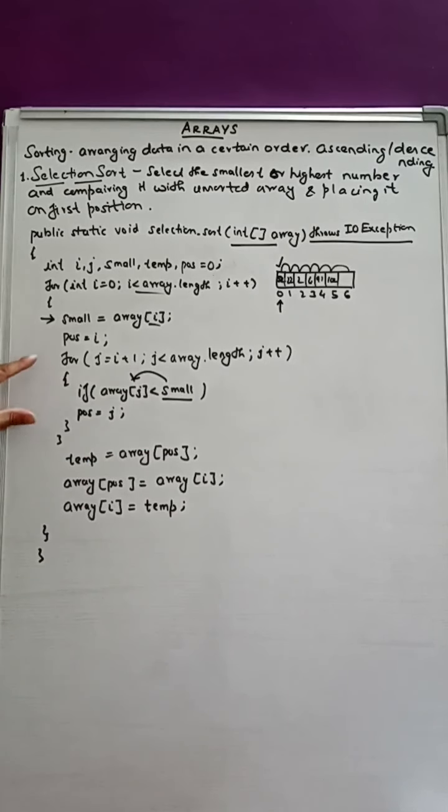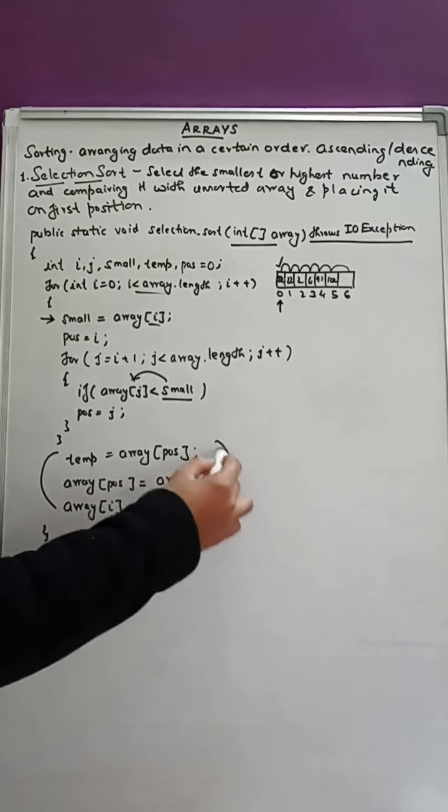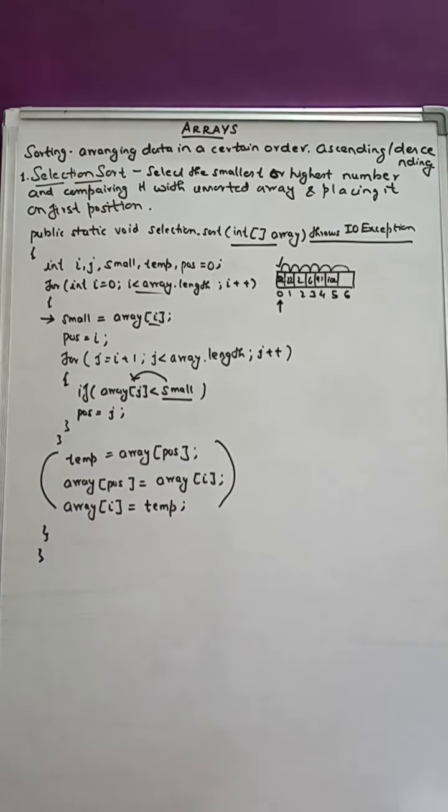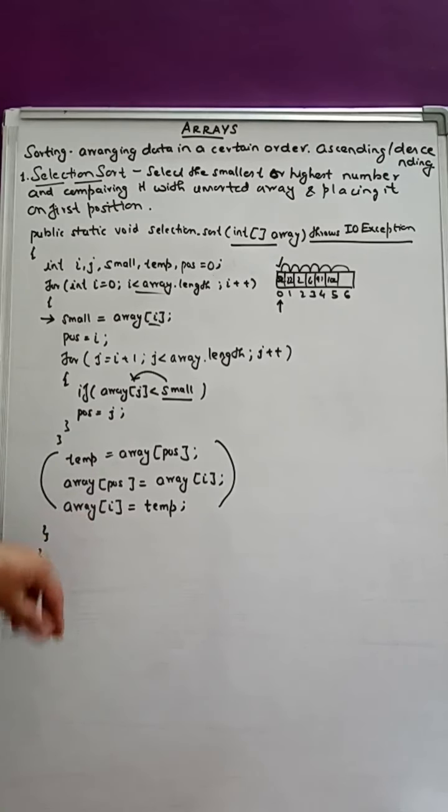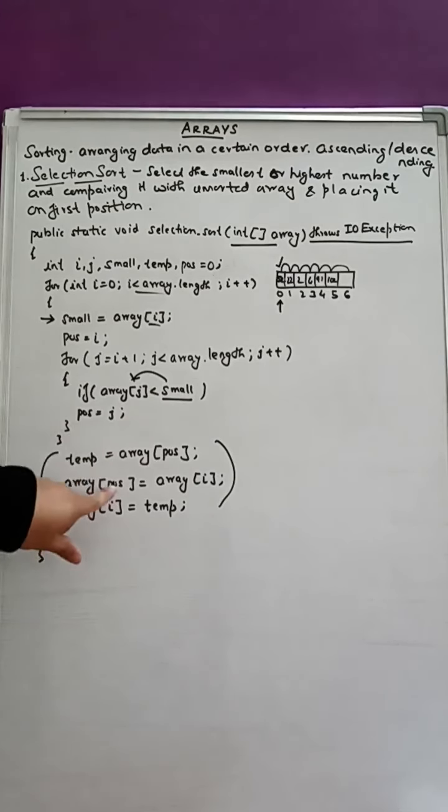If we have found that number, in that case we will be just swapping the values. If we have found the minimum value, then we will replace it using the temp variable, where the position was stored, with the j variable.